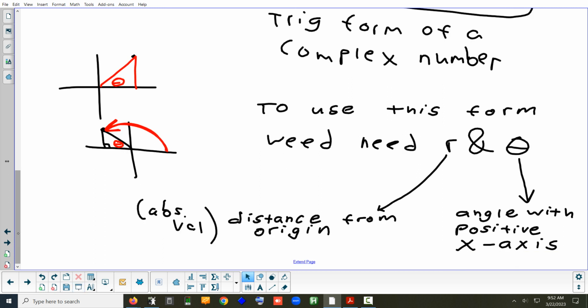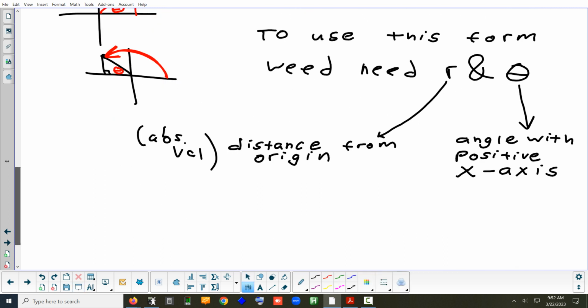If you were in quadrant 3, it might look something like this. Make a triangle. You're probably going to find that first, but then what you really need is the angle with the positive x-axis. So we've done this before. This is getting into the 180 minus, 180 plus, or 360 minus.